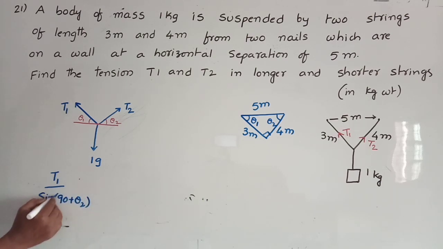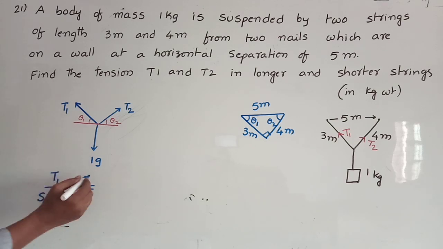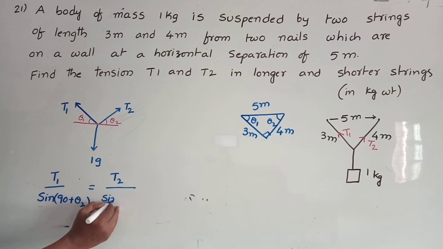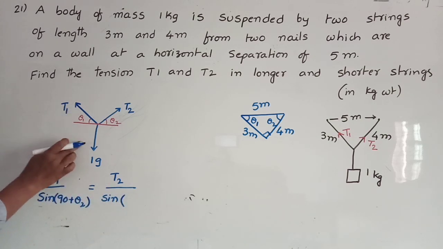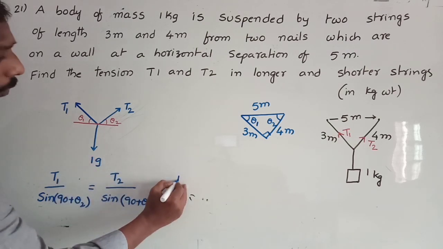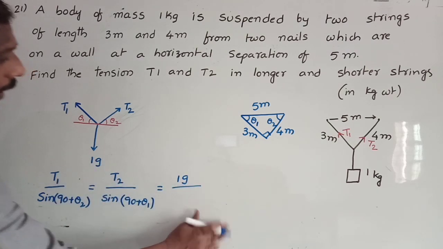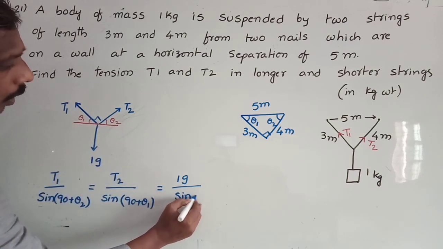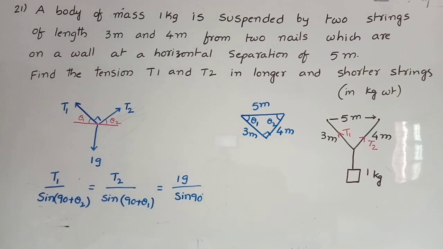T1 divided by sin(90 plus theta 2), that is equal to T2 divided by the sine of the angle between the remaining two forces, these two, sin(90 plus theta 1), that is equal to the weight 1 into g divided by the angle between these two, which is equal to 90 degrees. So we can write sin 90.